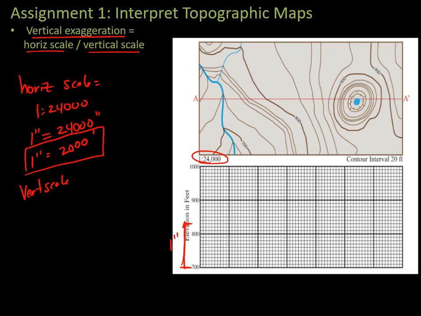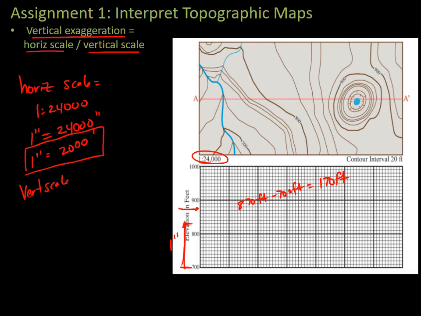And so just hypothetically, I'm making this up, if you were to measure 1 inch is there, that's 870 feet. If we subtract where we started from, 700 feet, your 1 inch corresponds to 170 feet of vertical elevation.